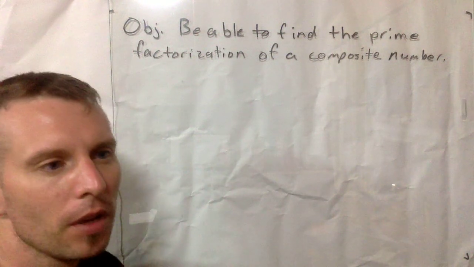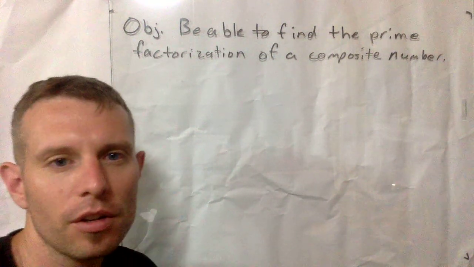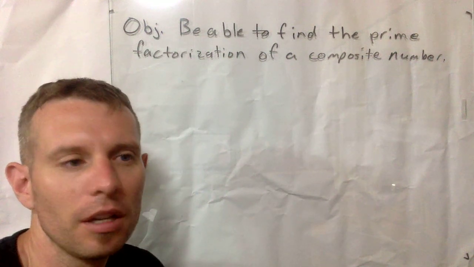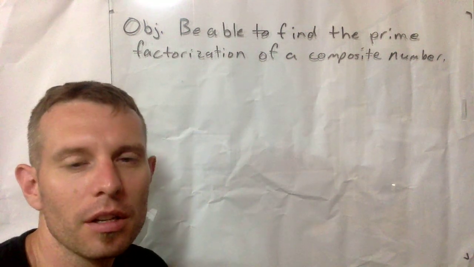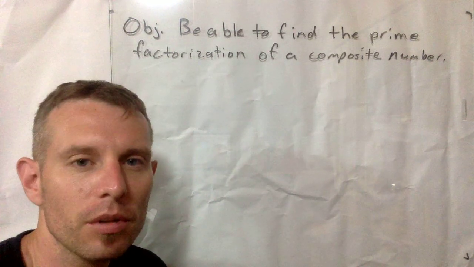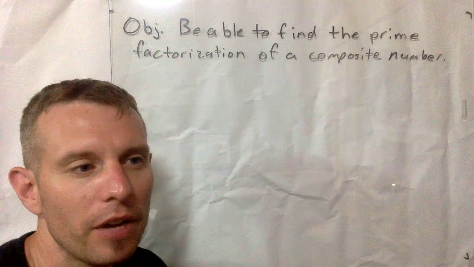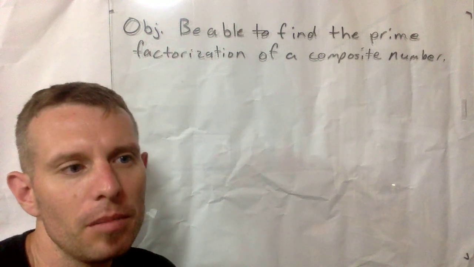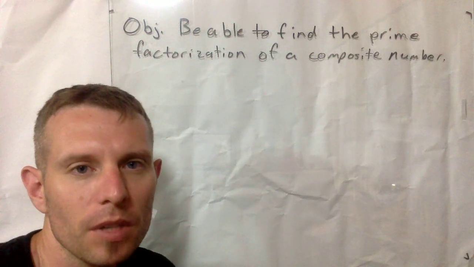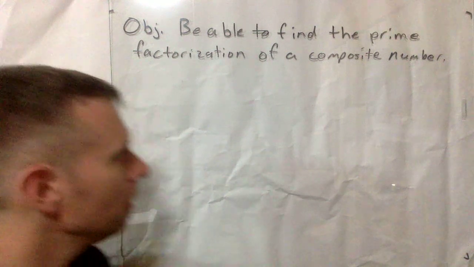a reminder. We remember factors are numbers that multiply with other factors to get the number, or what numbers multiply with each other to get the number that we're factoring. So maybe the best way is to show an example, and let's see the factors.